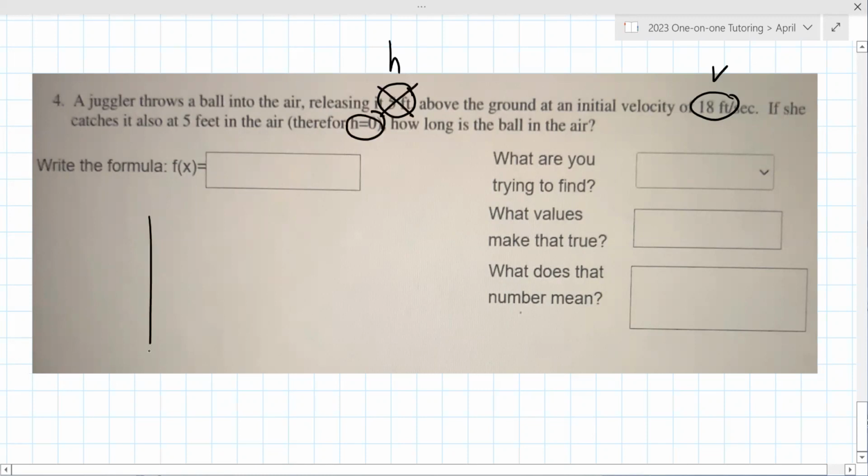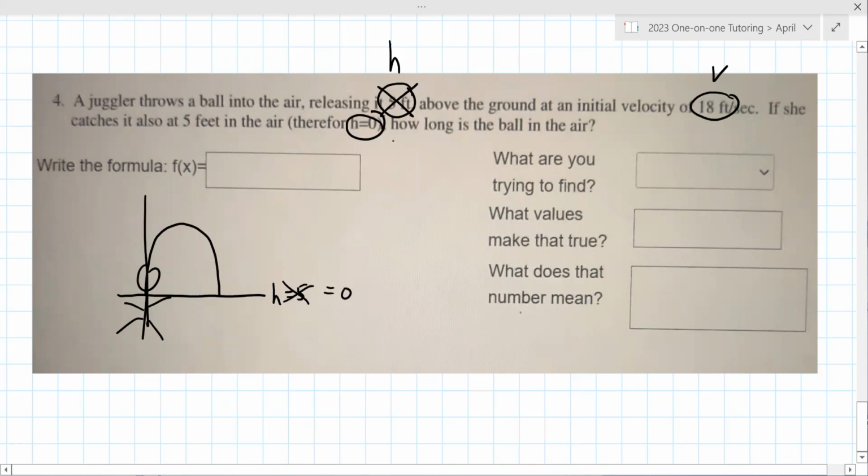So the scenario here graphically is the juggler throws the ball up and it comes back to that height, which is 5, but they're saying no, treat it as if it's really 0.